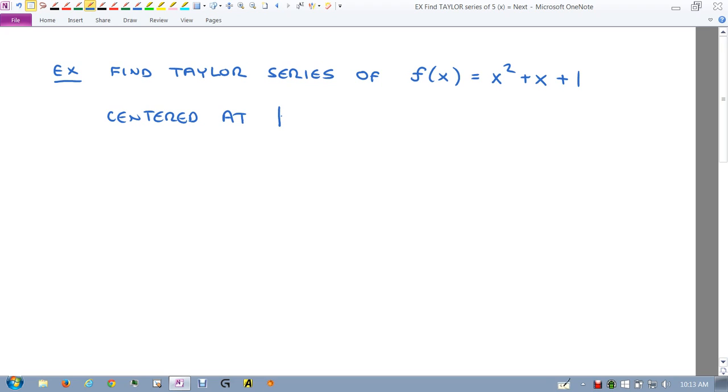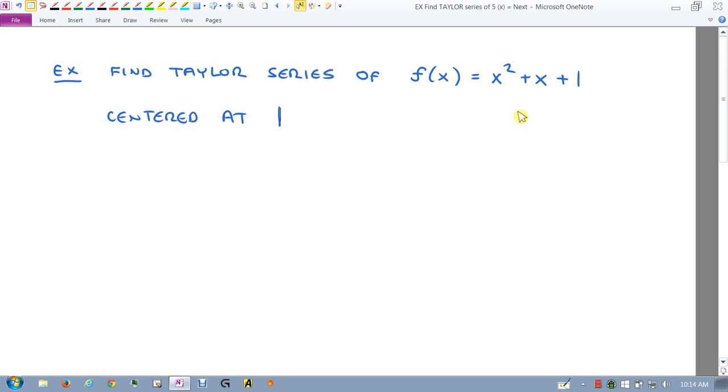Now, this first example is purely to get you to see how to use the formula. That's all it's about. The function I'm giving you is a very simple function, isn't it? It's a polynomial. In fact, isn't that a power series? It is. So let's just see what happens.